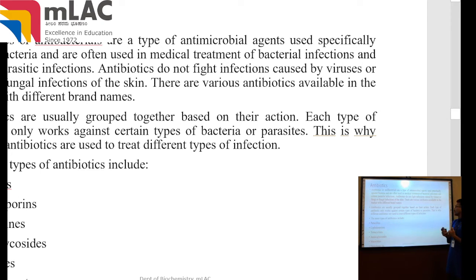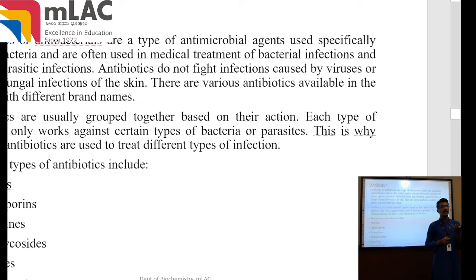There are various antibiotics available in the market with different brand names. Antibiotics are usually grouped together based on their action, and each type of antibiotic only works against certain types of bacteria or parasites. This is why different antibiotics are used to treat different types of infection. If you go to a physician, your doctor prescribes an antibiotic depending on the type of infection that you may have.